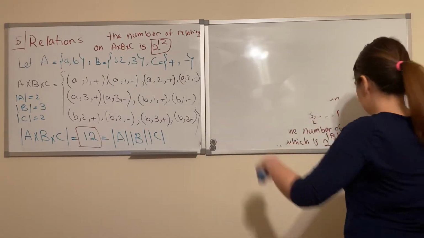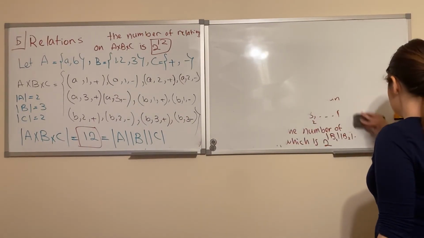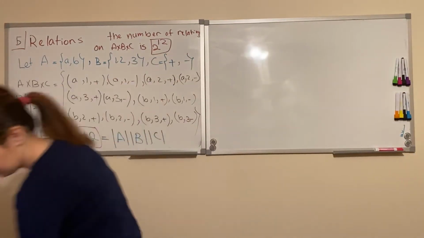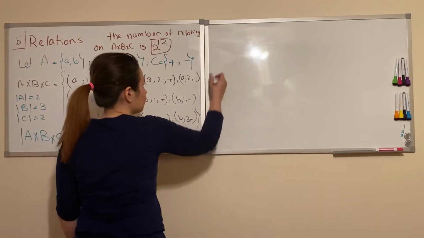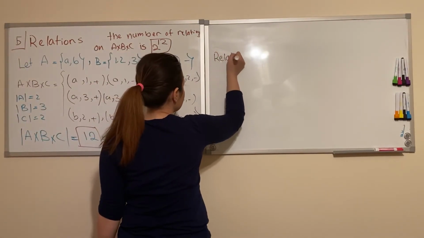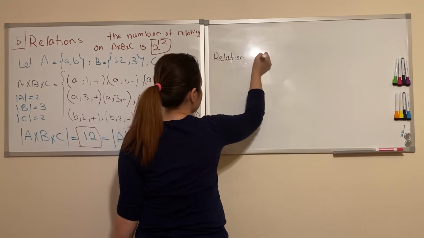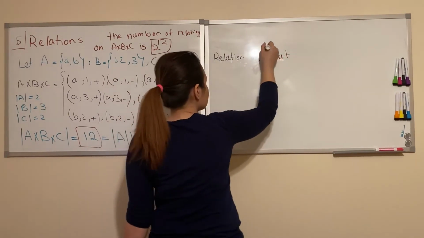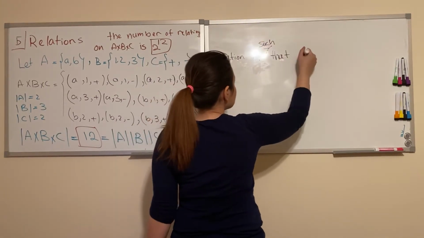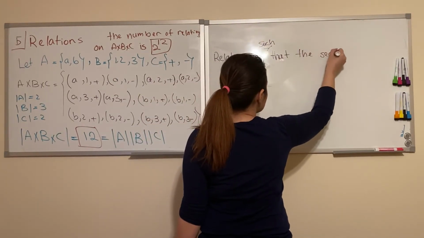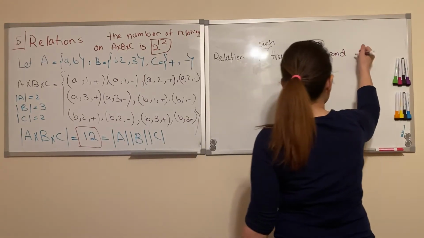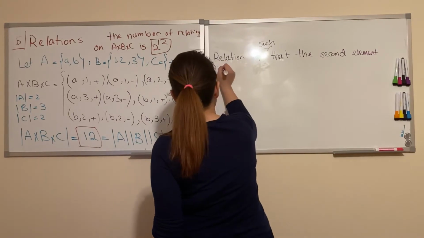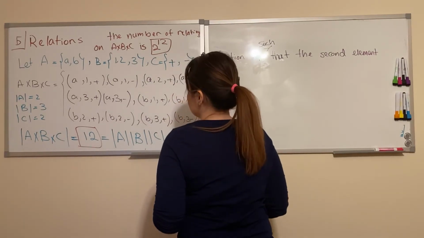On these three sets A, B, C, I want to define a relation R1 such that the second element is 1 in all of them.